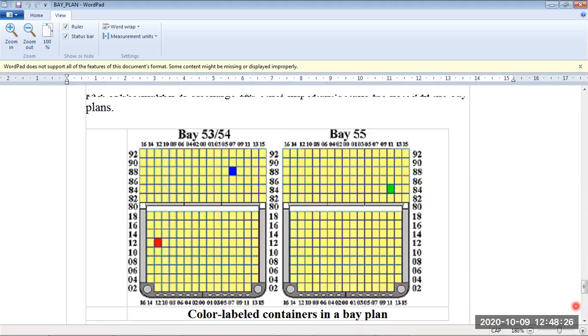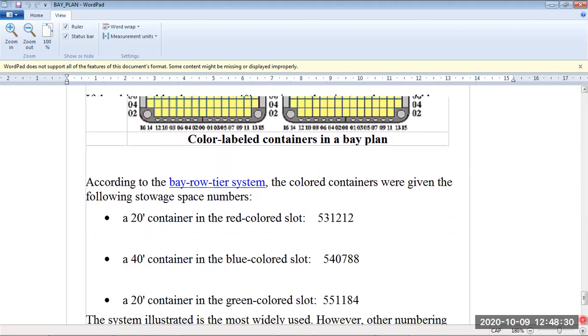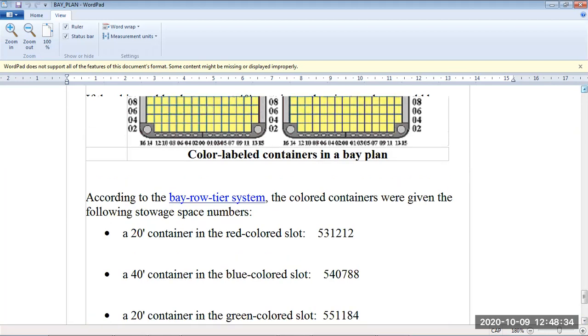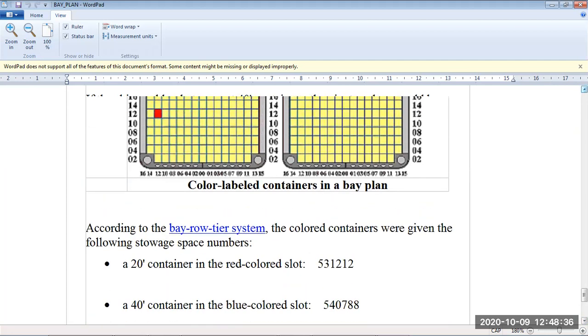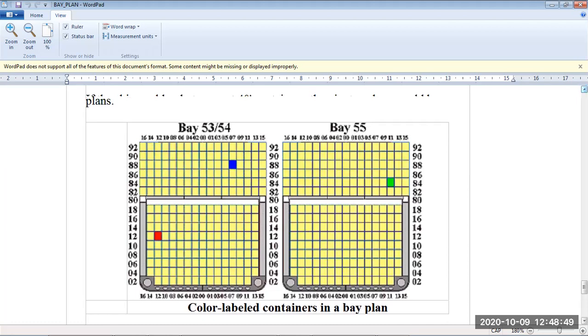In the same way we can identify the blue and red and note them down here. You can see the bay number, tier number 12, row number 12, and bay 53 if it is a 20-foot container.